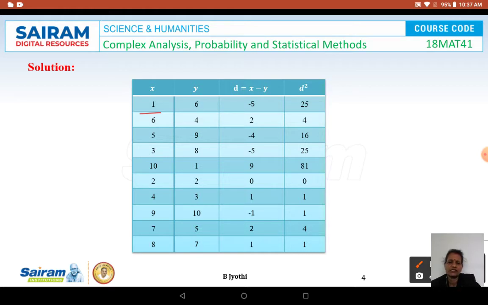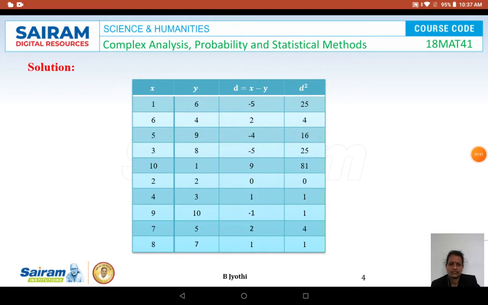When we take the difference of the two, we get minus 5, 2, minus 4, minus 5, 9, 0, 1, minus 1, 2, 1. So the d square value is 25, that is minus 5 square is 25, 2 square is 4, 4 square is 16, and so on. We have got the d square values.